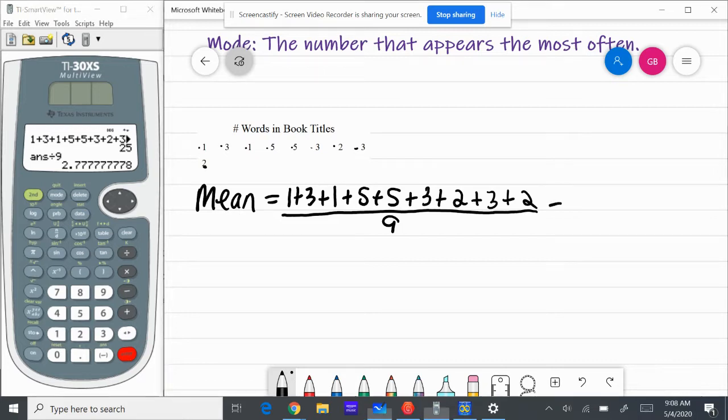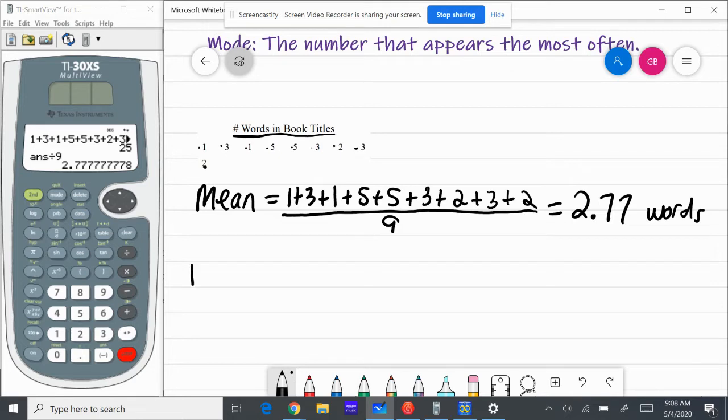So the mean here is approximately 2.77 words. Okay, so make sure you use the appropriate unit. Okay, so that's the mean.